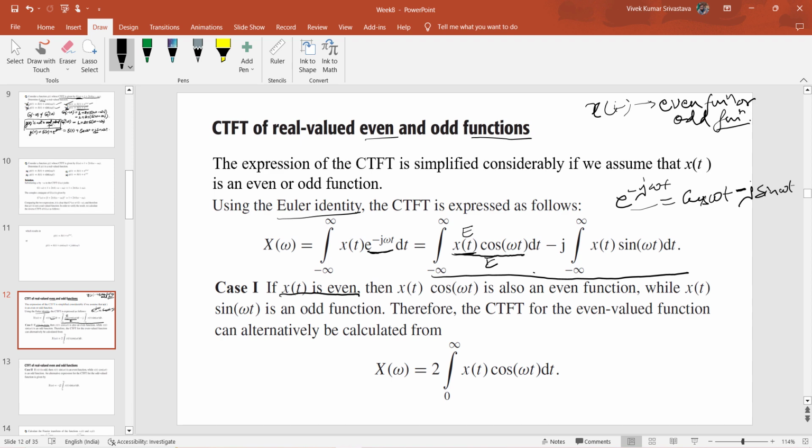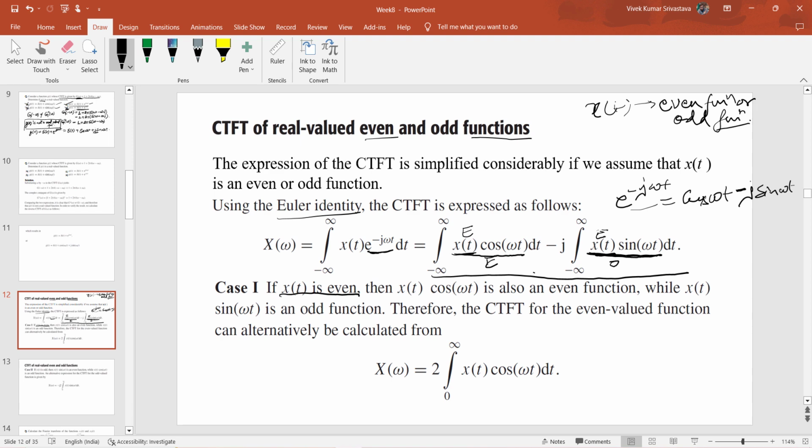Whereas for the second term, the integral from minus infinity to infinity of x of t sine of omega t dt, when x of t is even, the whole term will be an odd function, because sine of omega t is an odd function.